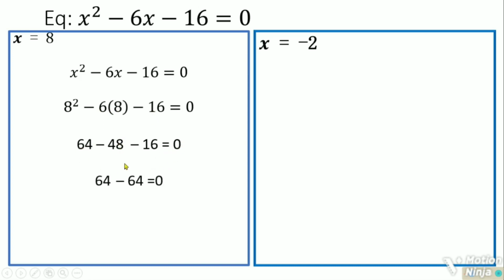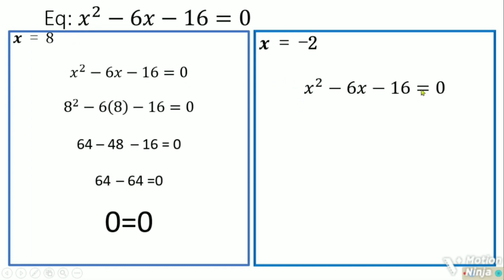Here we have 64 minus 48 minus 16, where negative 48 minus 16 will be equal to negative 64. So 64 minus 64 is equal to 0. This is the answer on this side, so 8 is correct.